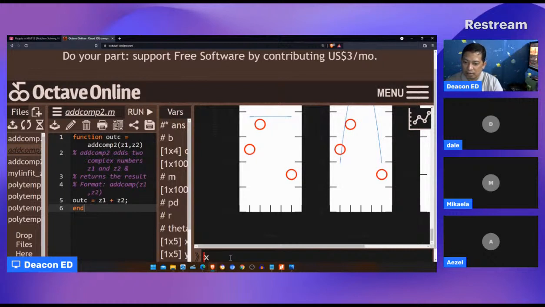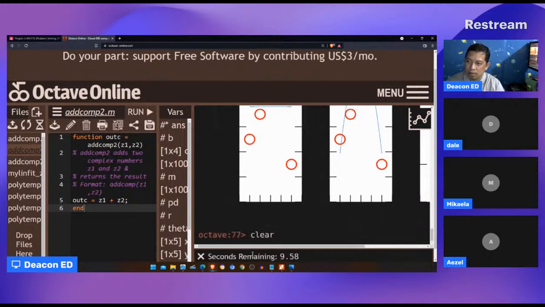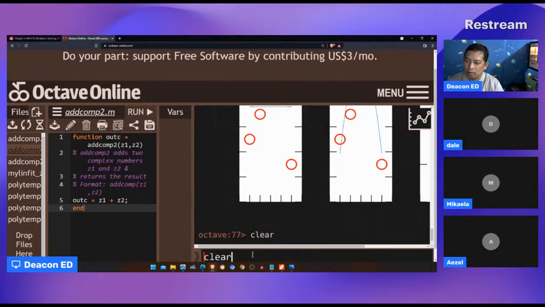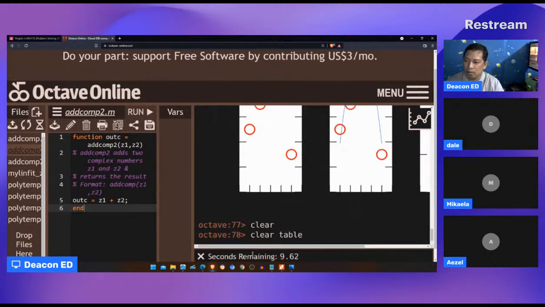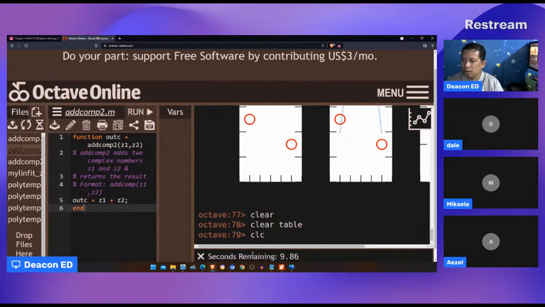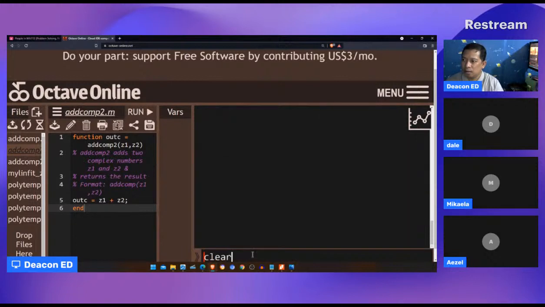Okay, hindi pa natin ano, no? So we have X label. Hindi yata na-clear yung ano pala kanina, clear table. Hindi natin na-clear.